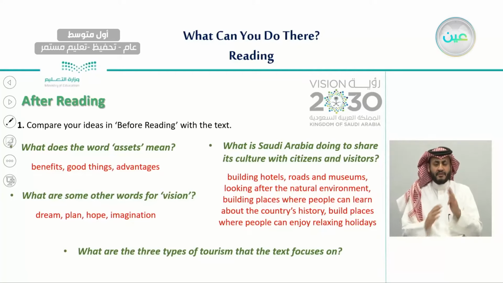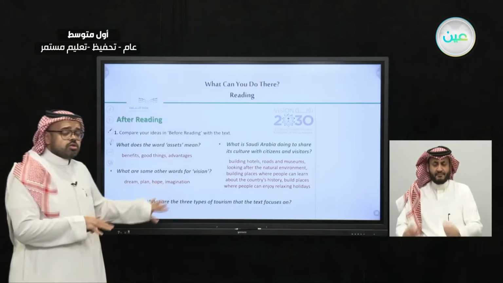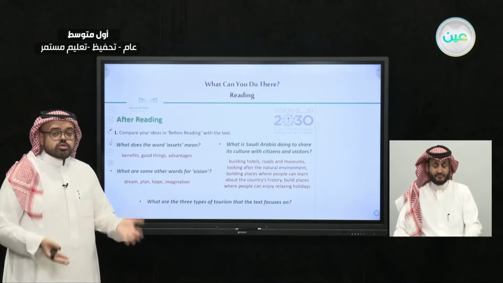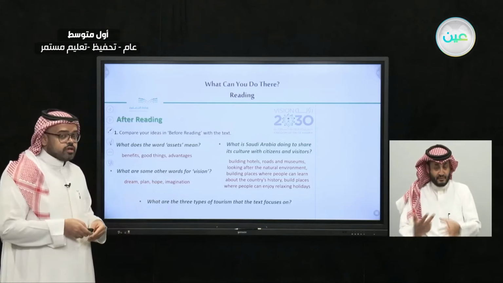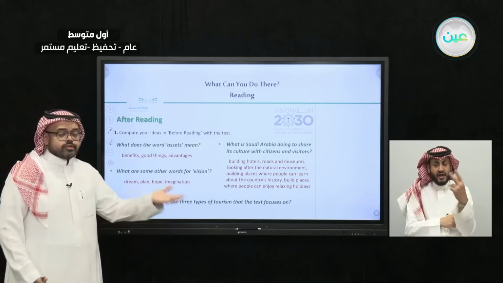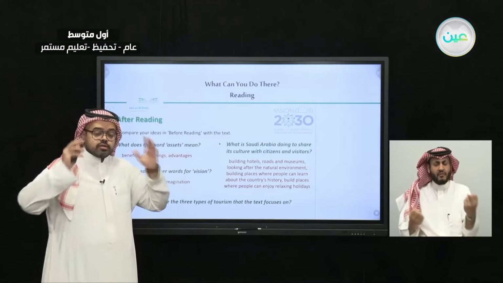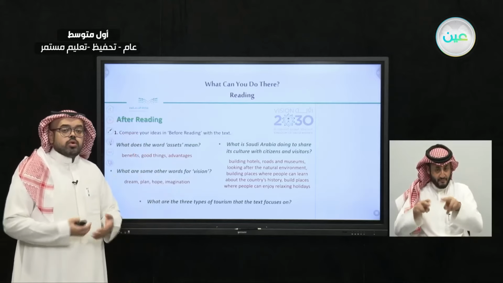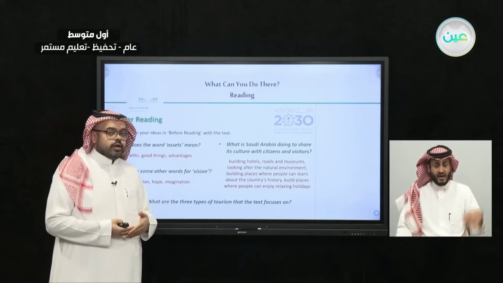Also, the last question we have is, what are the three types of tourism that the text focuses on? If you remember, in this text we have three different types of tourism. We talked about it. So what is the first type? Very good. The first type is environmental tourism, for example, when we go to see forests and parks. And the second one is family beach tourism, when people can go to beaches.